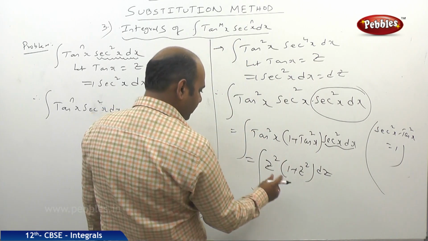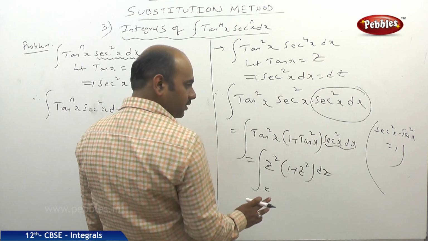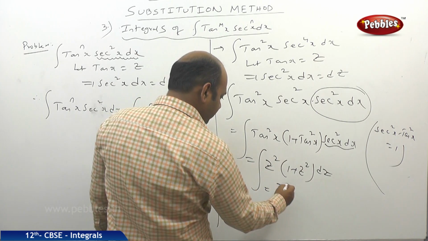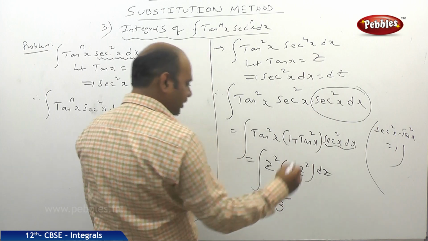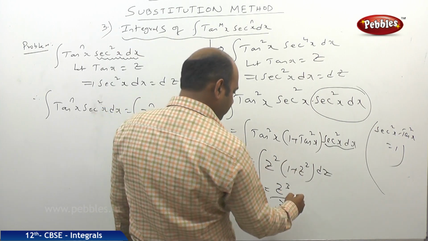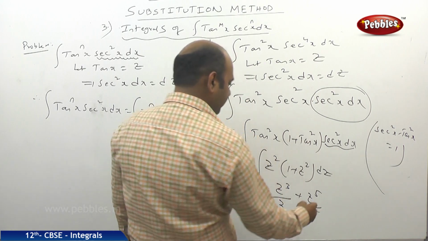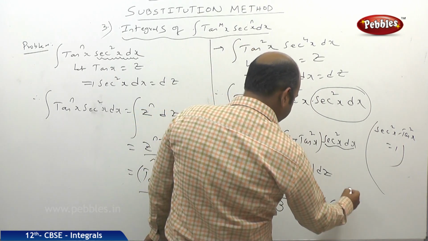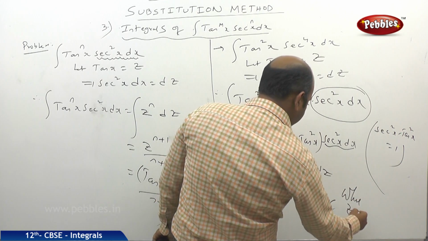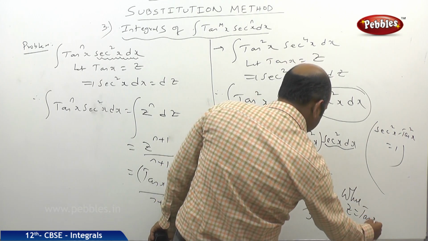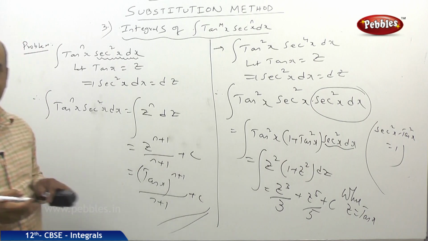So finally z square into 1 plus z square, and integral is nothing but z cube by 3, and here z power 4 means this becomes z power 5 by 5 plus c, and finally we need to write z is equal to tan x. I think you are clear with this pattern.